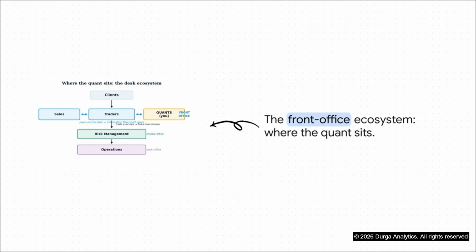You sit right alongside sales and traders. You are peers. Information flows back and forth instantly. A trader asks you a question, you answer, they push back. It's highly collaborative. And it's only after a trade is actually executed that the data flows downstream to the middle office for risk management and then to the back office for operations.